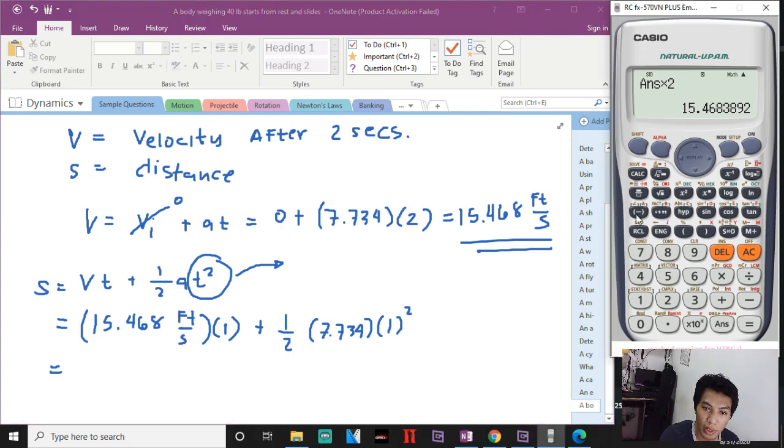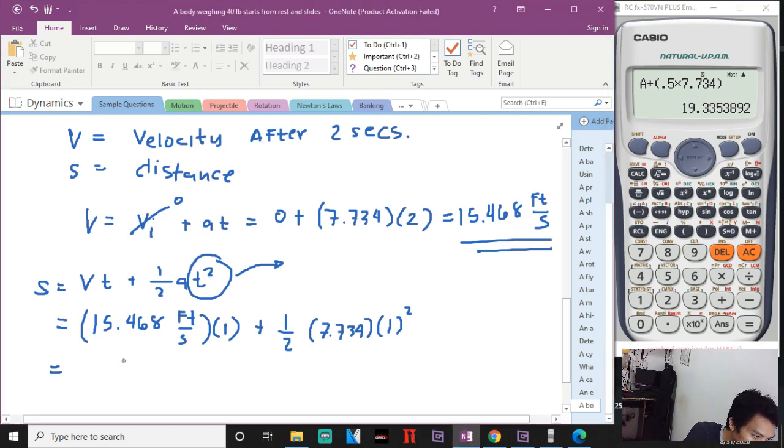Recall, 15.468 plus 0.5 times 7.734. The answer will be 19.33.